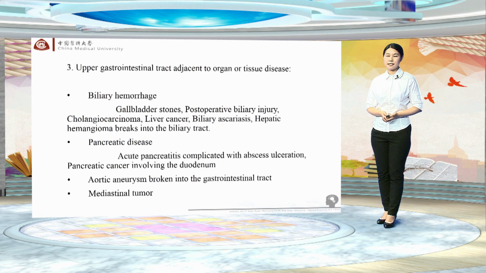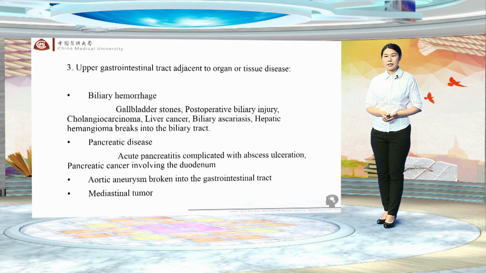The third kind is disease of organs or tissues adjacent to the upper gastrointestinal tract, such as biliary hemorrhage, which can be caused by gallbladder stones, post-operative biliary injury, cholangiocarcinoma, liver cancer, biliary ascariasis, or hepatic hemangioma breaking into the biliary tract.